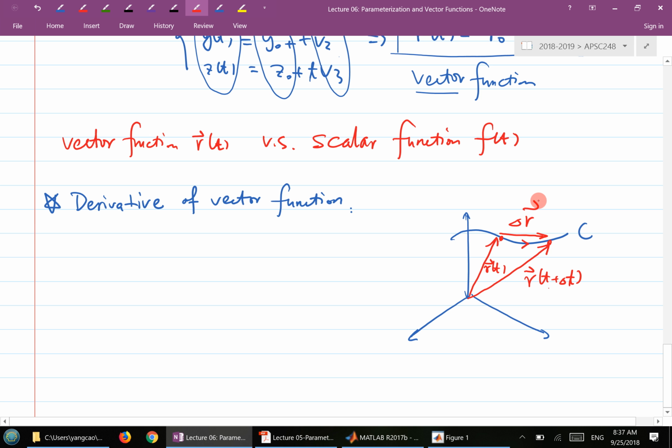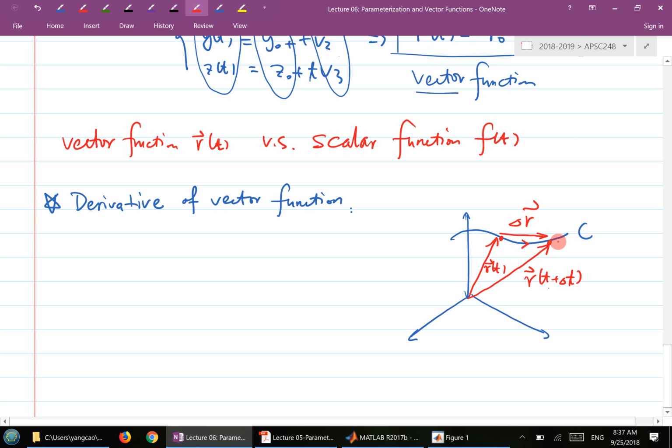Now if you think about the scalar function, we do a similar thing, right? You have the initial value at t, and then end up at t plus delta t. Then there's the difference between f of t plus delta t and f of t.